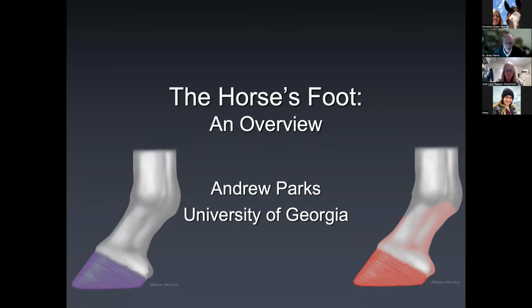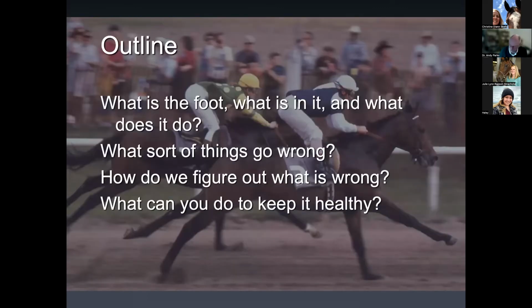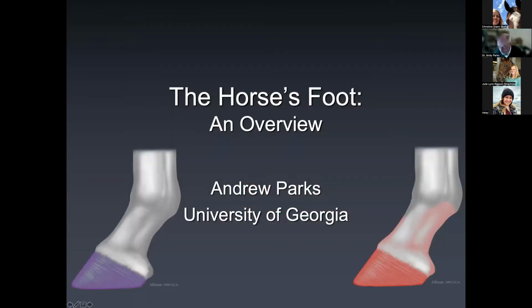So what do we mean by the foot? Let's start there. From an anatomic point of view, it doesn't really have a corollary with our own feet, but most veterinarians would consider everything below the coronary band, everything below the coronet, to be the foot.